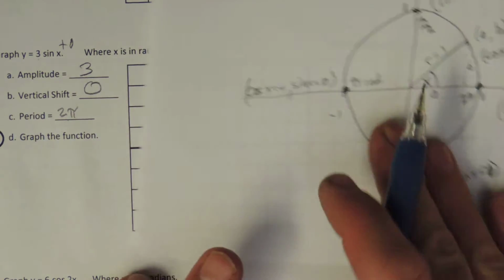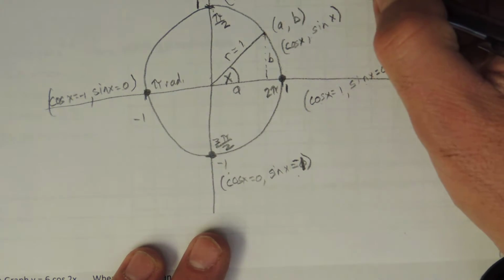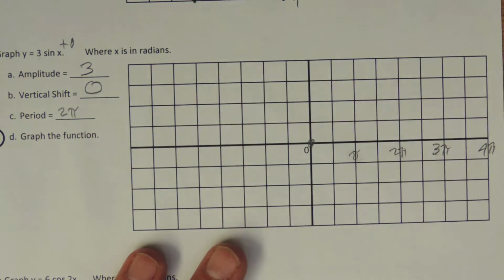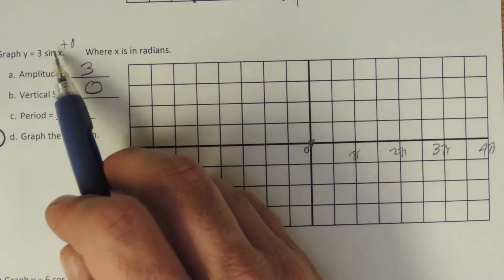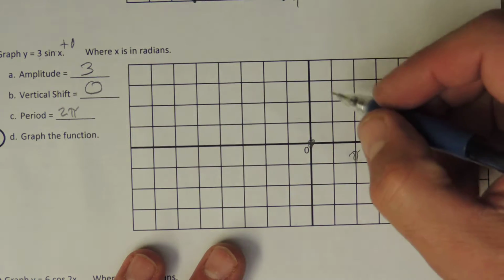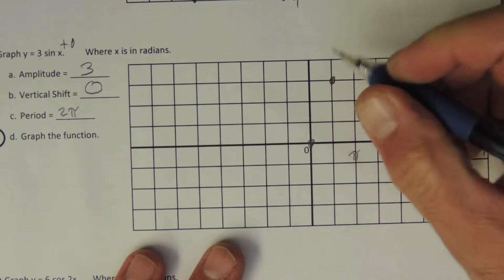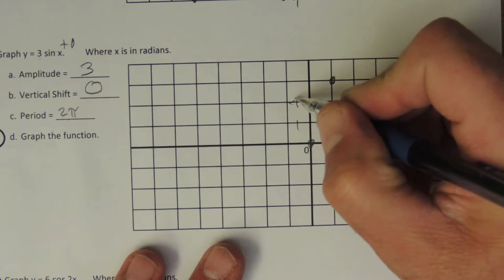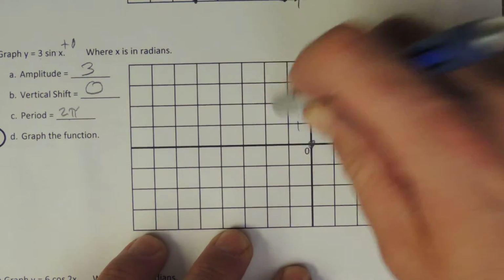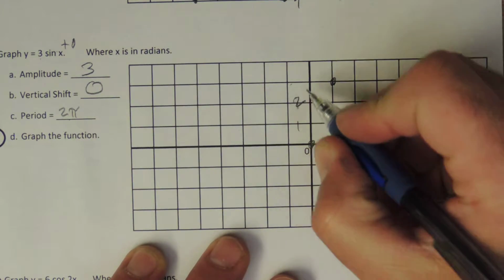It goes up to 1 at x equals pi over 2. If I do sine of pi over 2, I get 1 times 3 is 3. So here I'm going to go up to 3. And I can go by one on my vertical axis.